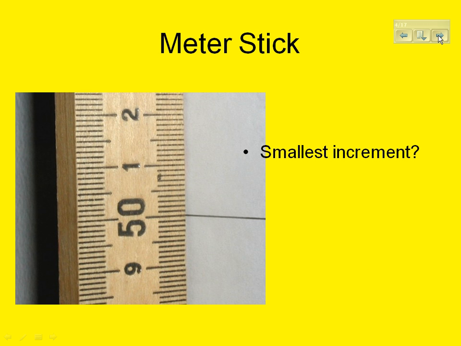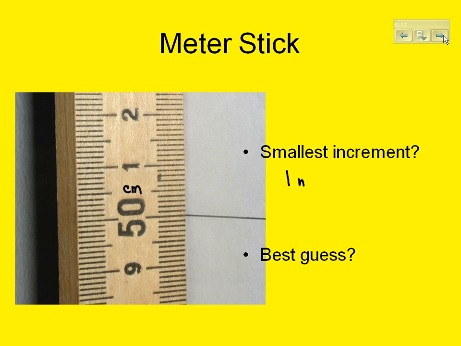Let's look at a meter stick. What's the smallest increment on the meter stick? What's your best guess for a measurement? This is the halfway point on the meter stick, so this is 50 centimeters. The smallest increment is just like the centimeter ruler.